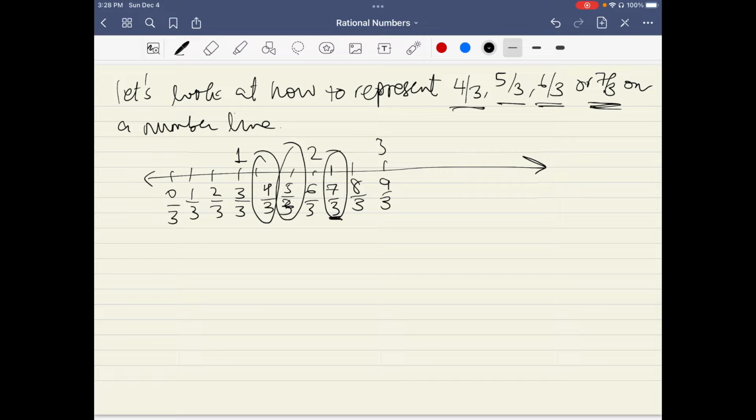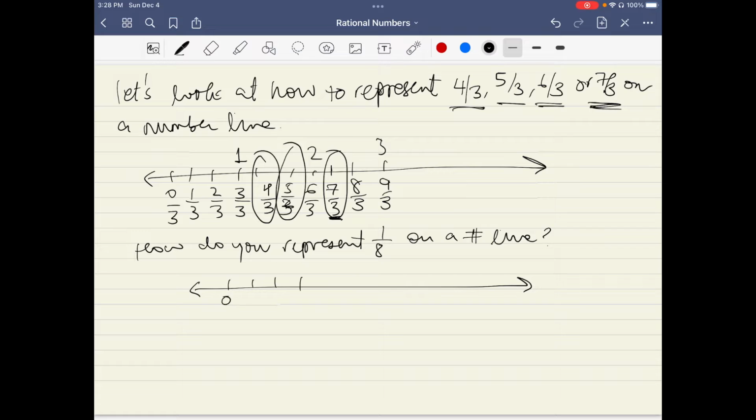Now, similarly, let us look at how you represent 1/8 on a number line. We can divide the number line into 8 equal parts, like so. 0, 1, 2, 3, 4, 5, 6, 7, 8.